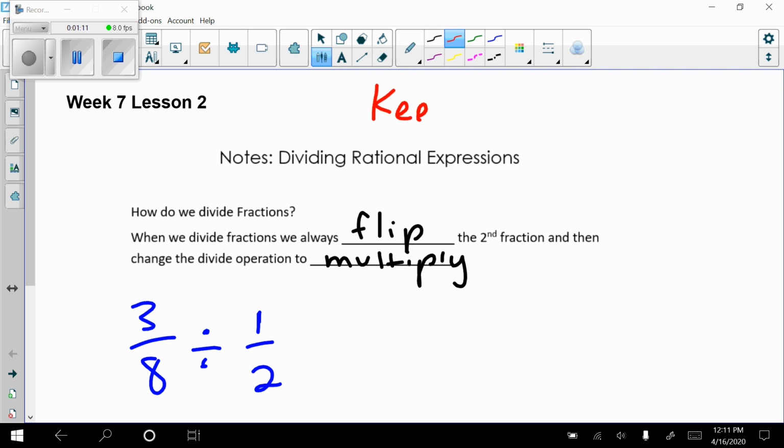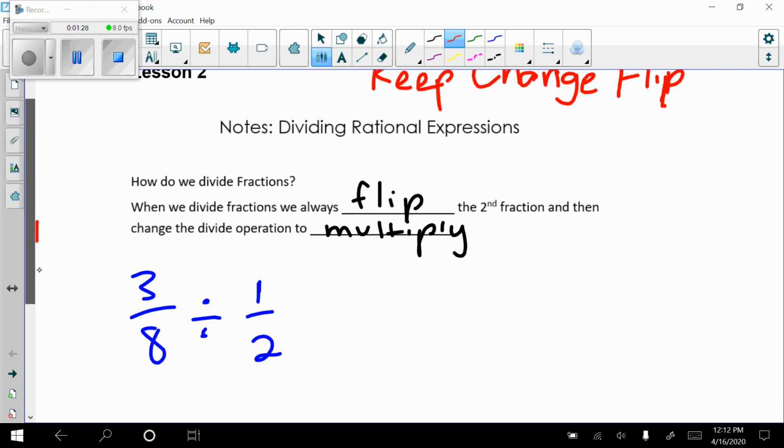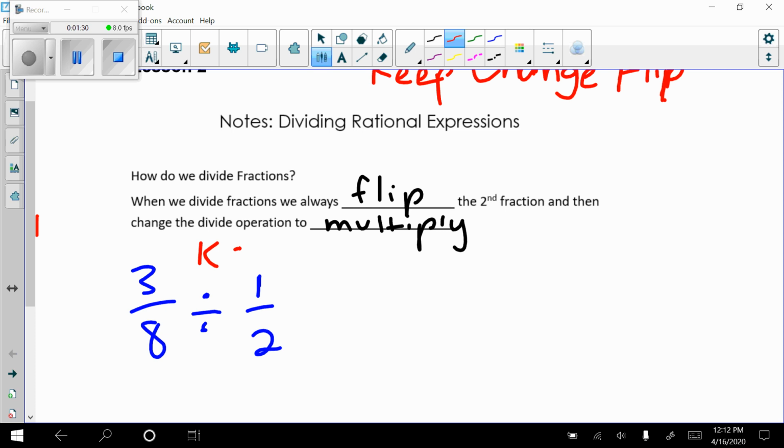Keep, change, flip. You may or may not remember this, that's fine. And we do actually use this a lot in pre-cal if you're going into that next year because we do deal with fractions. But when we're dividing, we're going to follow that keep, change, flip. So really, it is division, but we're going to change it into multiplication to make it a whole lot easier.